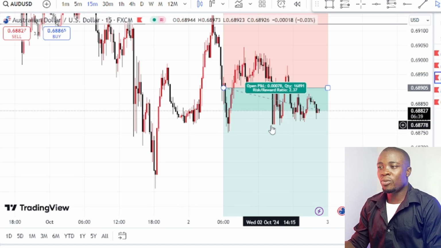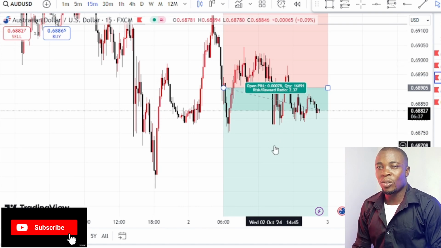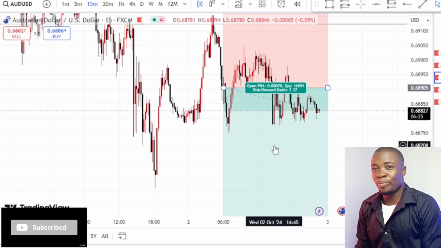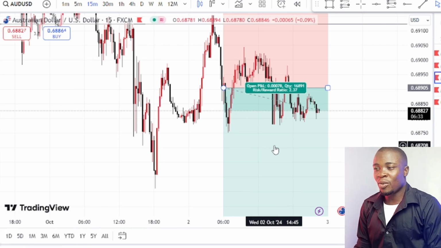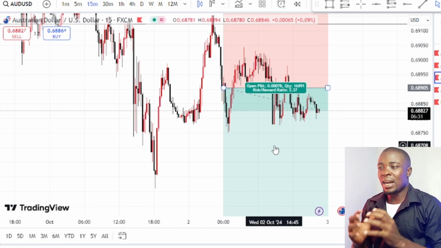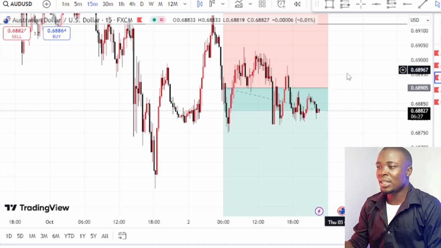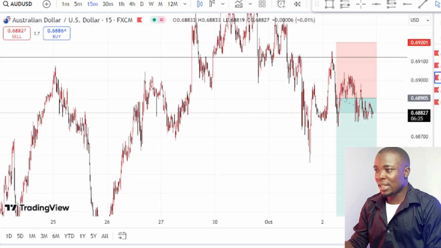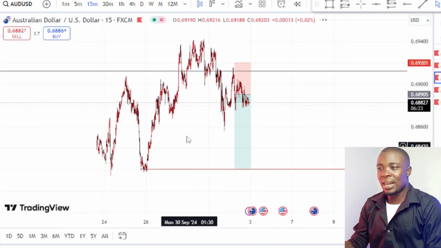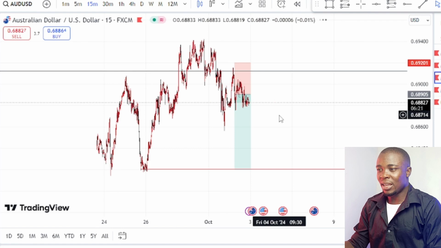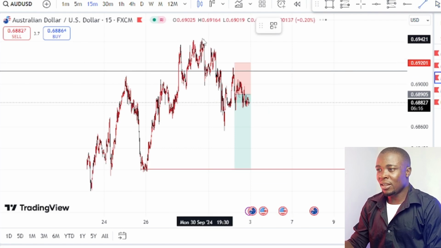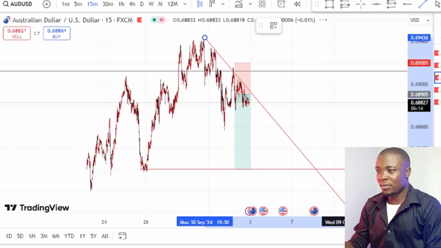I got out of it with some profit, and then I closed. The account was just static. If you check the analysis I drew here, it is clear that we are in a downtrend. We will definitely go down.